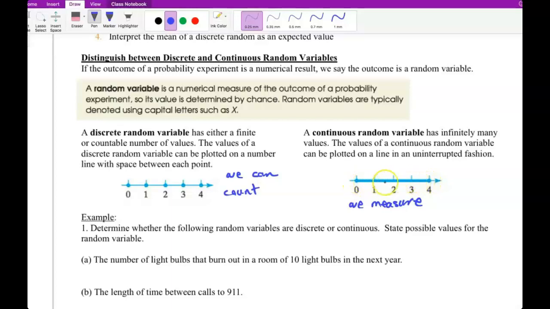Starting from 0 up to 4, we may have rational numbers, real numbers, integers. So all the numbers we can have here. So we have too many numbers on this part and it's not countable.